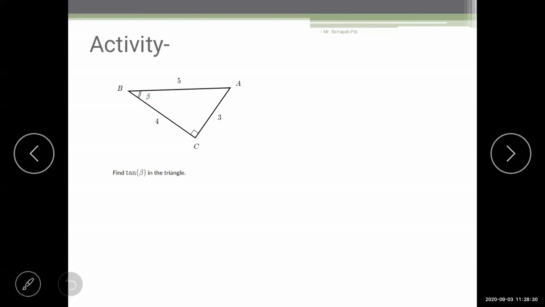The opposite side of beta is AC, correct? So let's see what the answer is, because many students have written the answer. Let's check it. Tan beta is equal to 3 upon 4. Is it clear? Okay. Next.